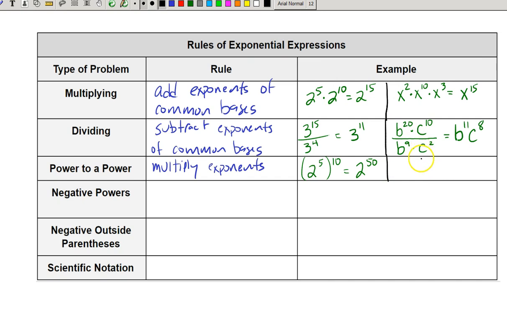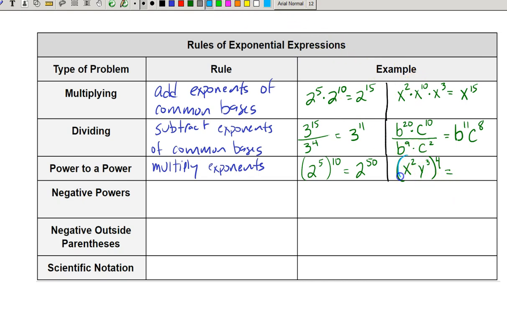Right? And if I have a variable example, let's put a little bit more in here. Let's say x squared y cubed, all in parentheses, and let's raise that to the 4th. So now if I have multiple in there, basically I'm going to do this twice.